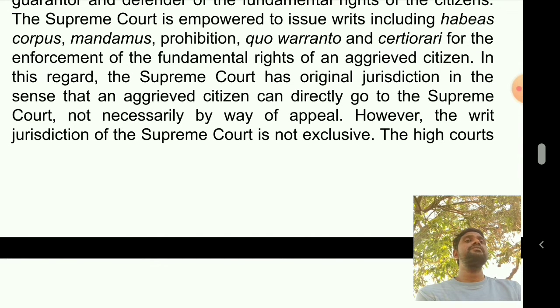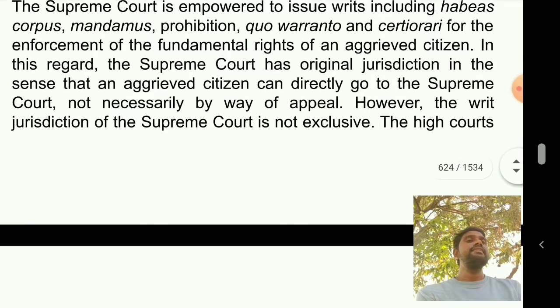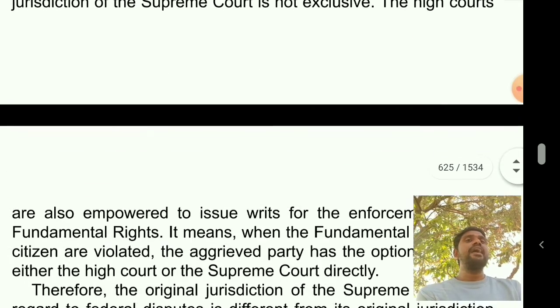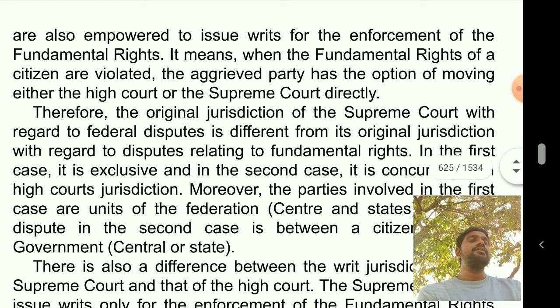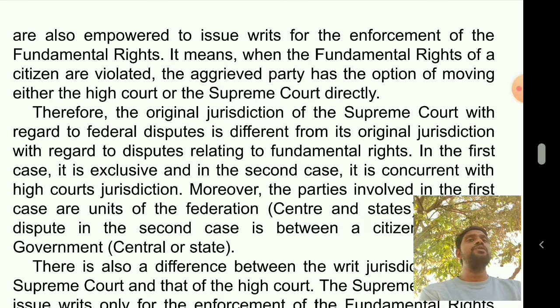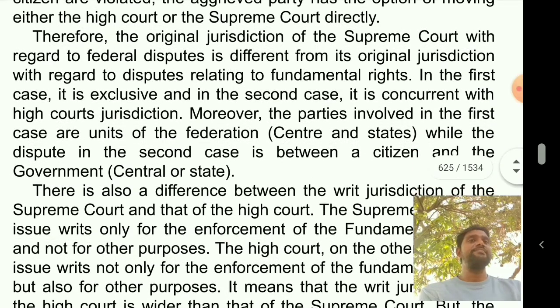However, the writ jurisdiction of the Supreme Court is not exclusive. The High Courts are also empowered to issue writs for the enforcement of the fundamental rights. It means when the fundamental rights of a citizen are violated, the aggrieved party has the option of moving either the High Court or the Supreme Court directly.